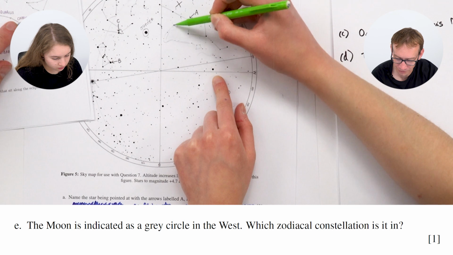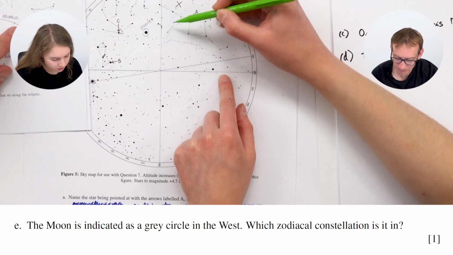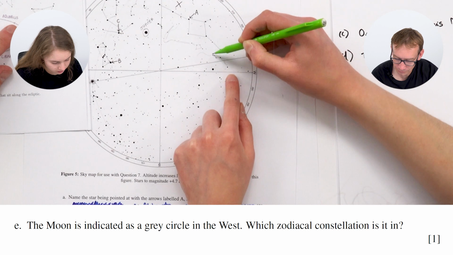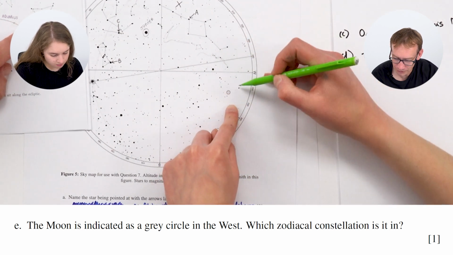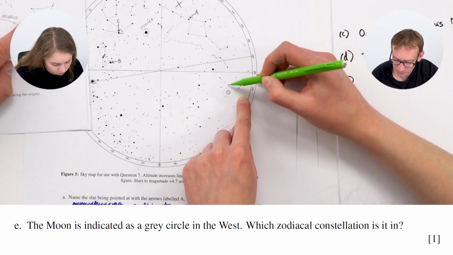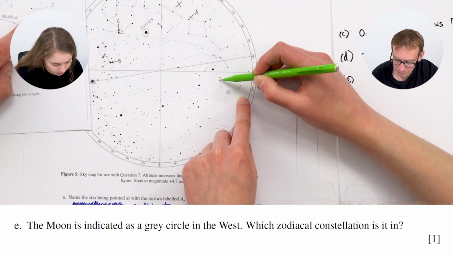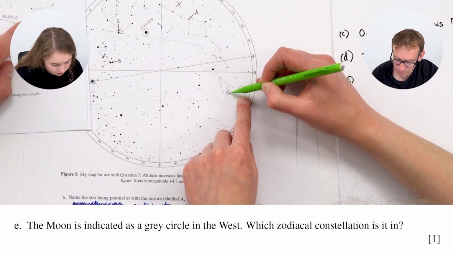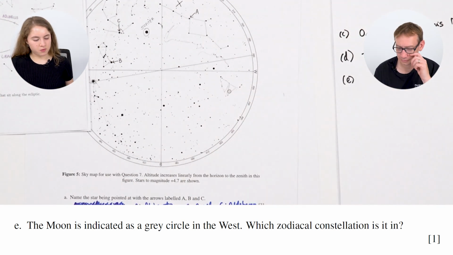I can't draw the exact lines. And then Aquarius, I remember, is around here. Then moving on, even though it's quite dim, I can vaguely pick out Capricornus here. And so the answer to this one is Capricornus.